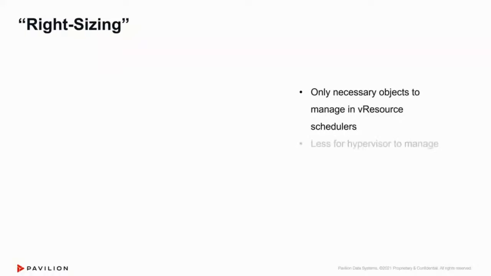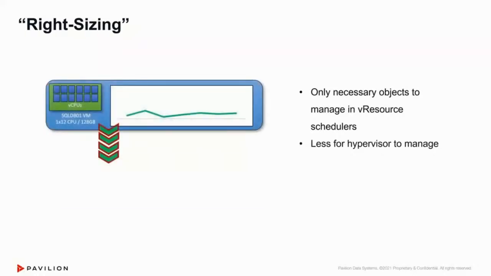So my goal, I want to make sure that everything that we do is assigned the right amount of compute resources. That way I am scheduling the least amount of activity to go through the virtual machine CPU and disk and memory schedulers. And if we do this appropriately, it's less for the hypervisor to manage, but we can maintain and sometimes even improve performance.